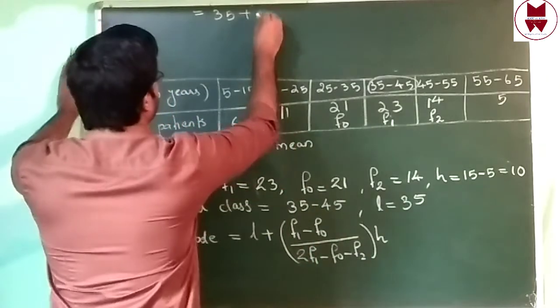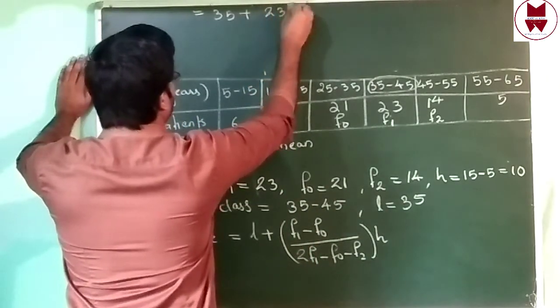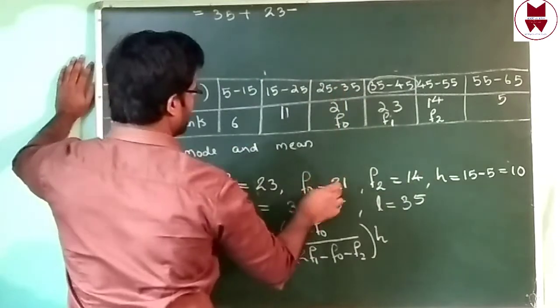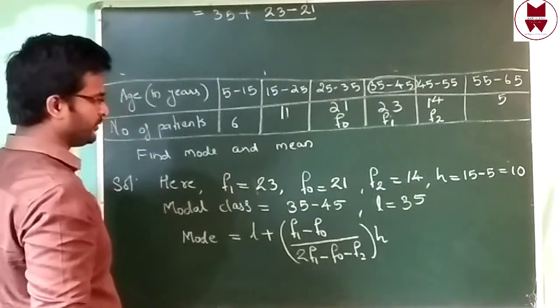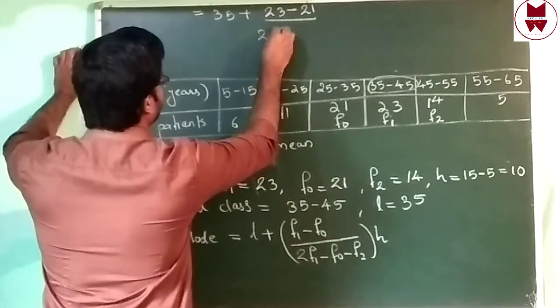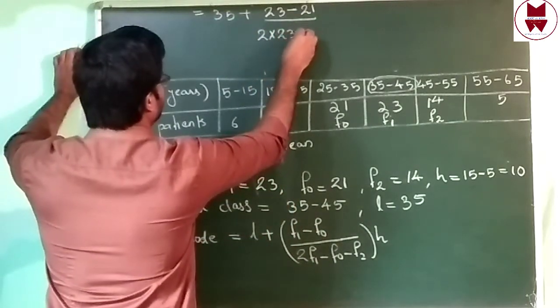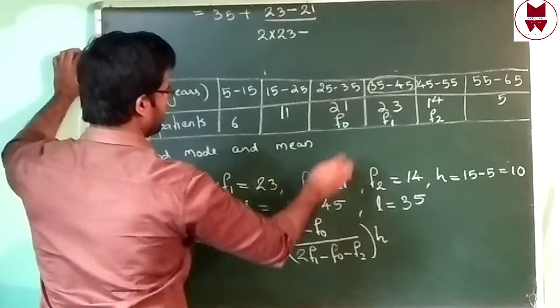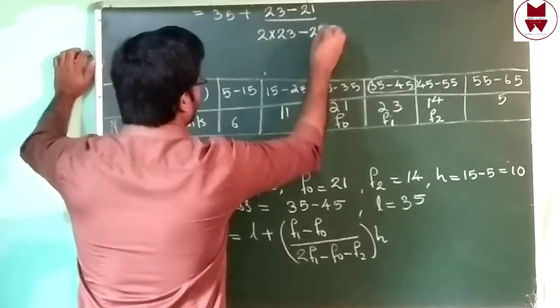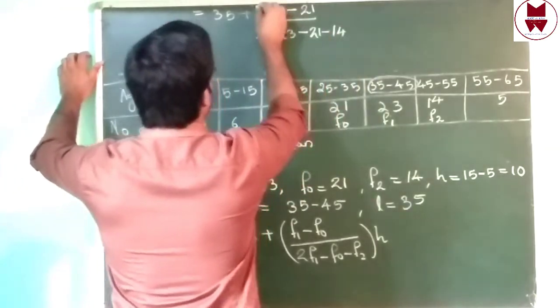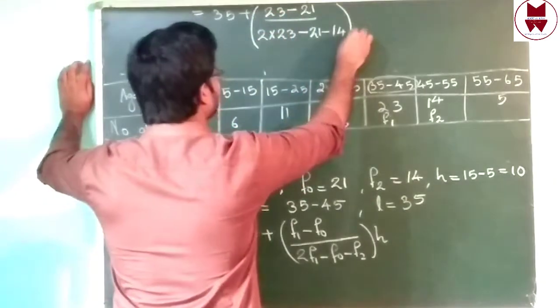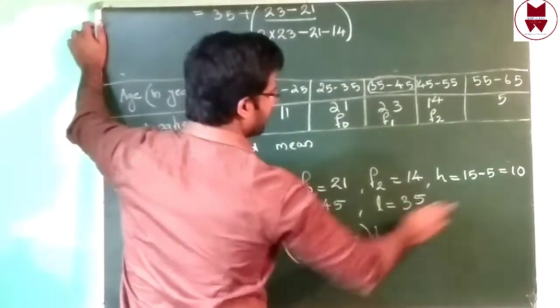F1 is 23, minus F0 is 21, all divided by 2F1, 2 into 23, minus F0 is 21, minus F2 is 14, into H is 10.